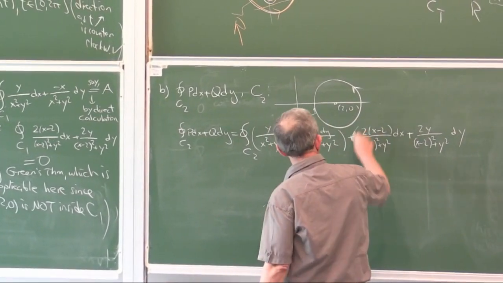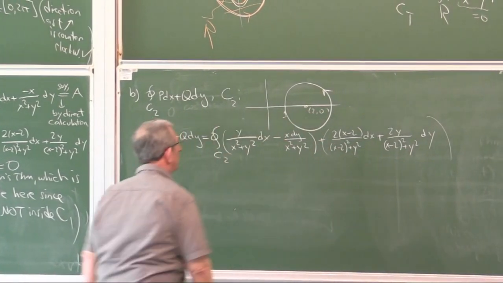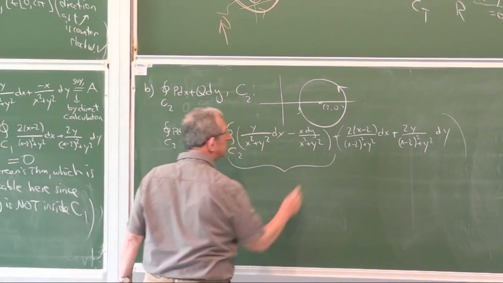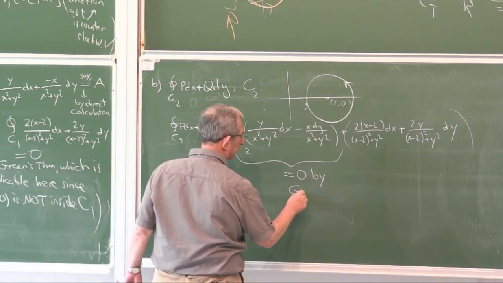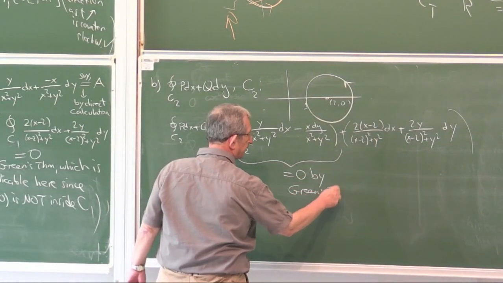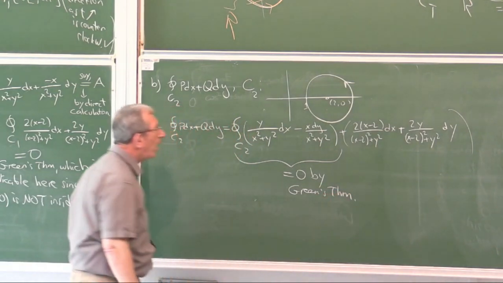I separated the integral into two. Now, this part is 0 again by Green's theorem. Why?